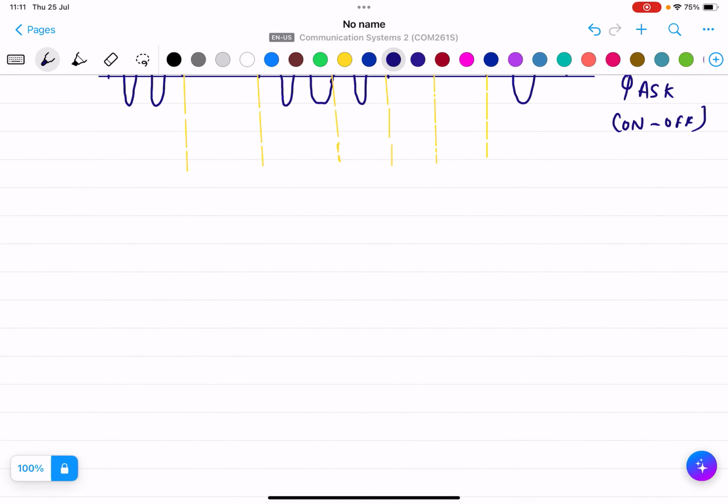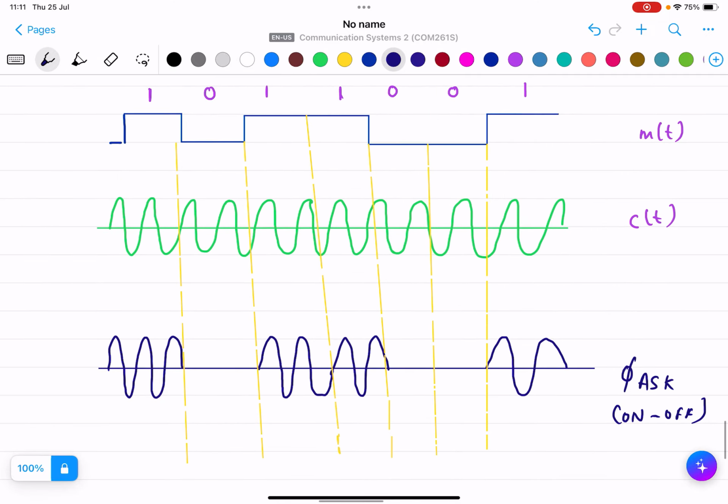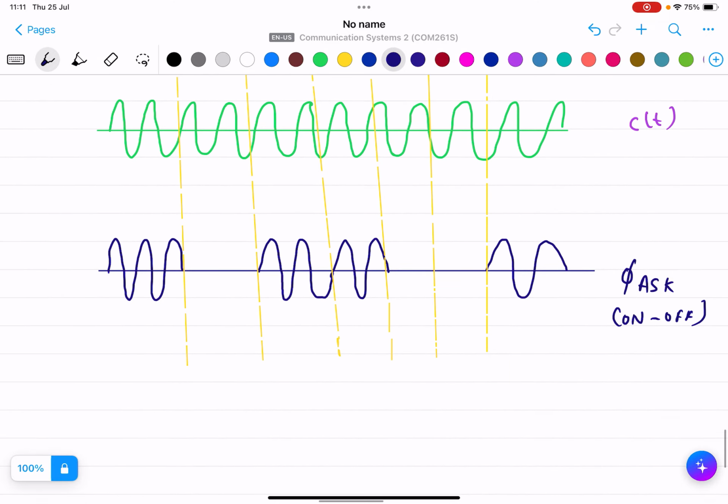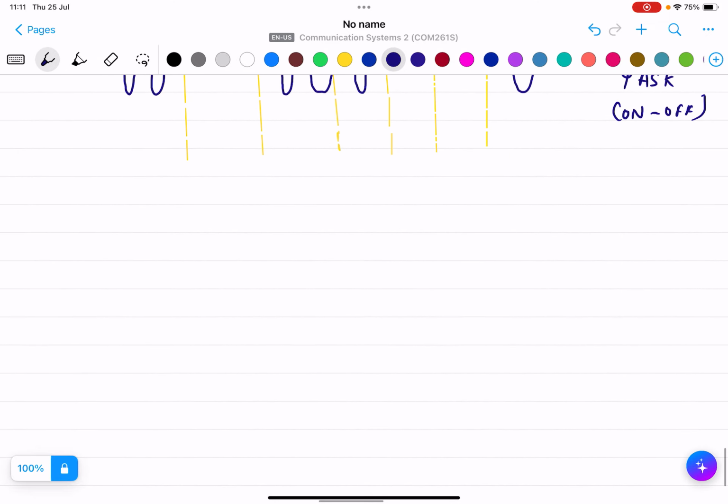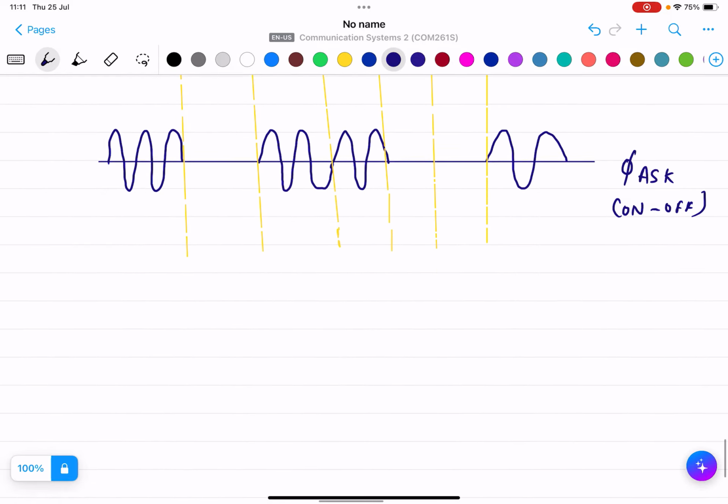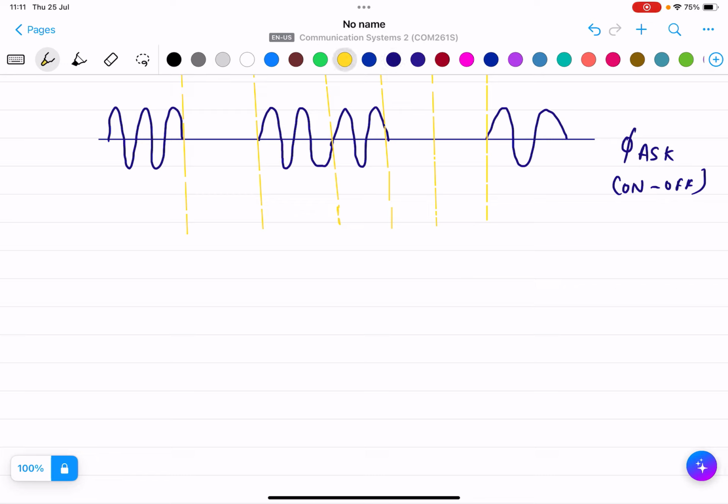Now I have to do it for PSK. We will take the same message signal. This is my message signal. For PSK, I'm just extending this line.